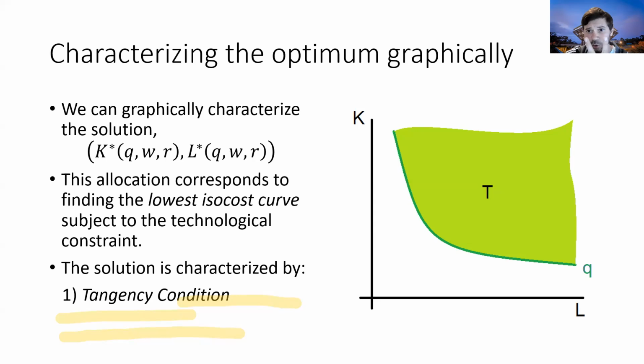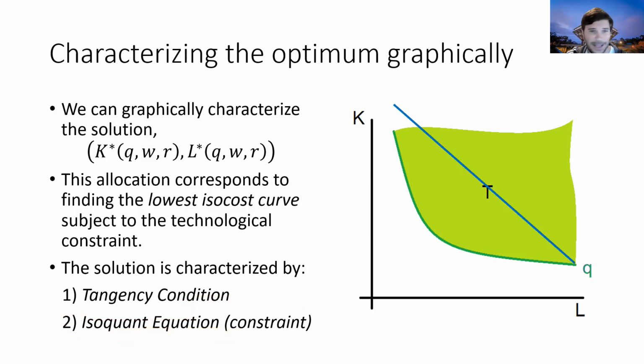And then number two, we had an isoquant equation we could work with, right? Which, using the Lagrange method, we will always get equation number two from taking the derivative with respect to that Lagrange multiplier.